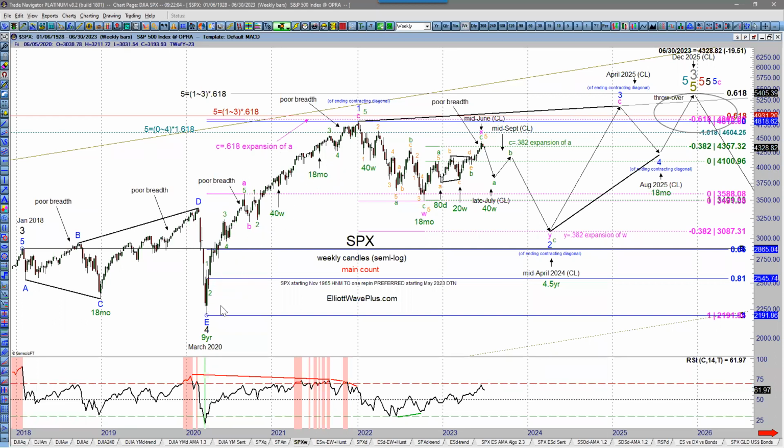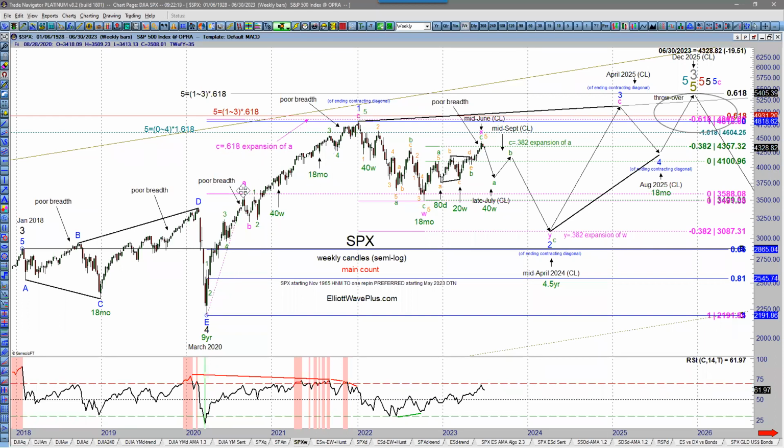And in this case, the ABC zigzag up from the March of 2020 low, wave C, was almost exactly to the tick a 0.618 expansion of wave A.